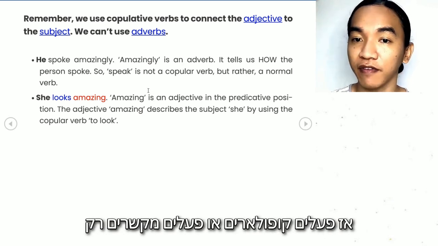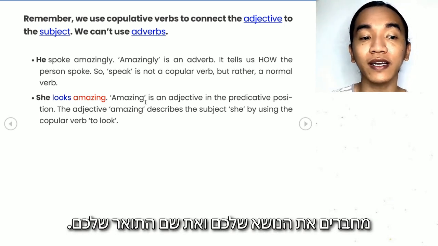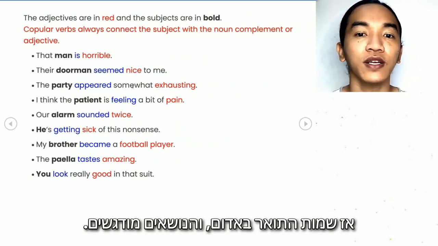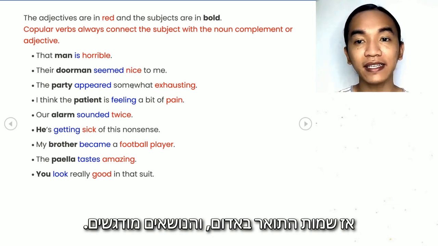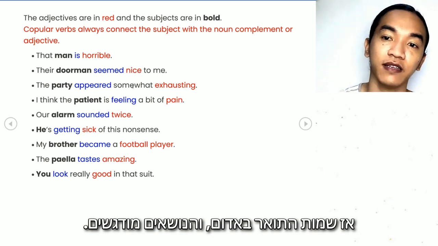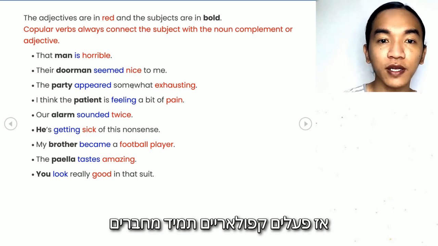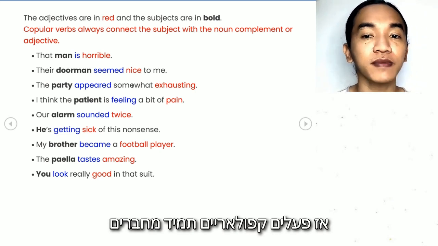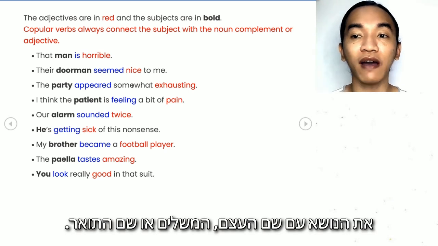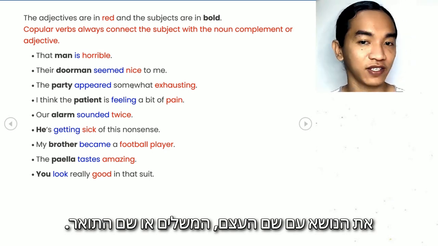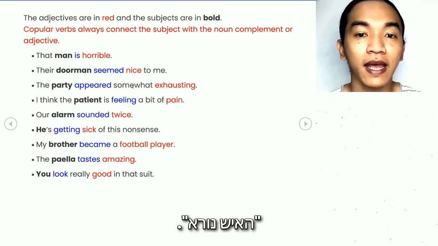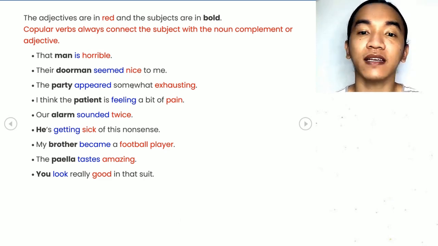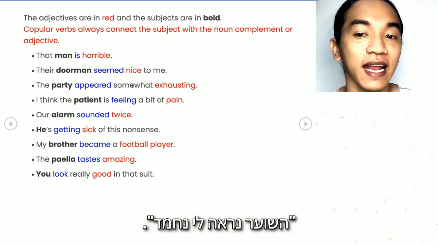So copular verbs or copulative verbs only connect your subject and your adjective. Okay, so the adjectives are in red and the subjects are in bold. Copular verbs always connect the subject with the noun complement or adjective. Example: the man is horrible. The doorman seemed nice to me.